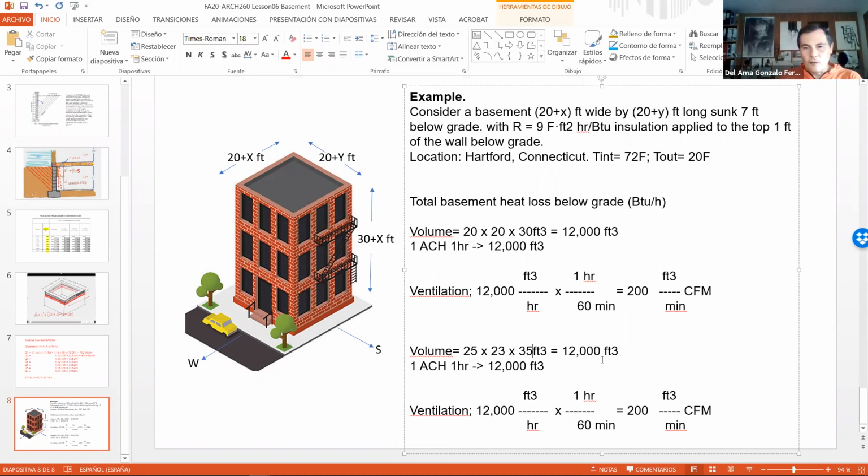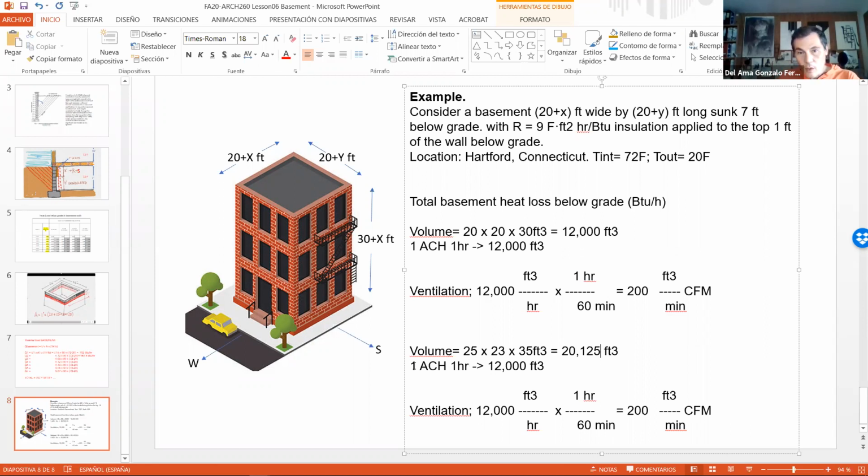Now the volume is 25 times 23 times 35. It's 20,125 cubic feet.